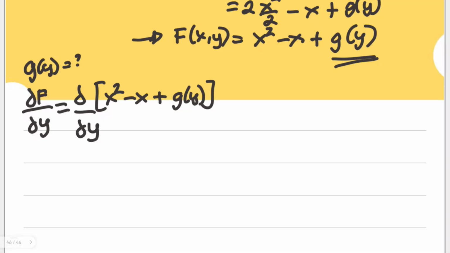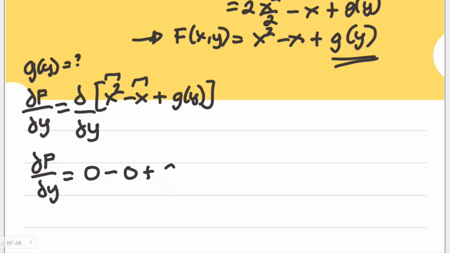If we take y as the independent variable, x squared can be considered a constant because it doesn't have y. Minus x is also a constant. When we take the derivative of a constant, it's just 0.